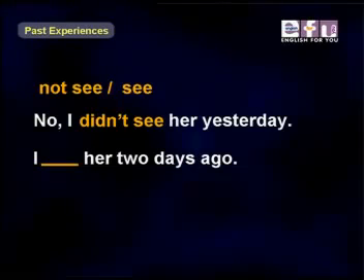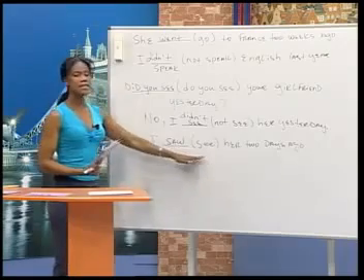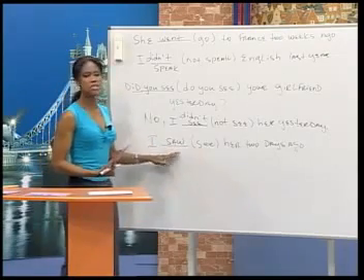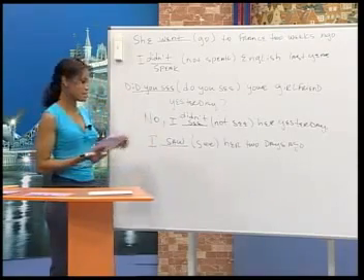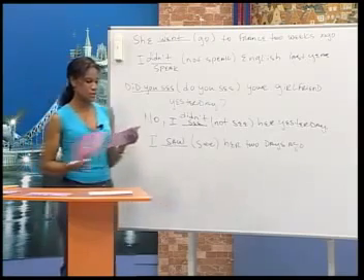Good. I saw her 2 days ago. Very good. No, I didn't see her yesterday. I saw her 2 days ago. So remember, see is an irregular verb. It changes to saw in the past tense when it's positive.